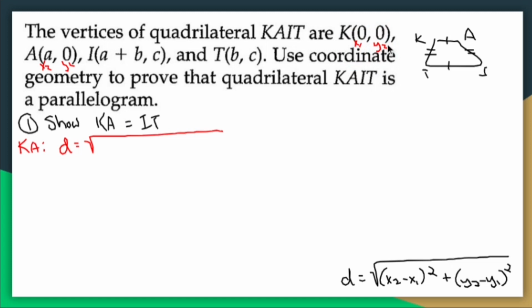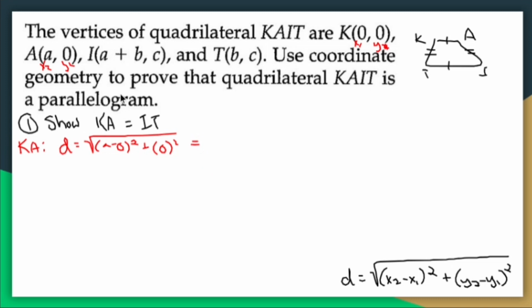All right, x sub 2 minus x sub 1 is going to be a minus 0. A minus 0 squared plus 0 minus 0, which is 0 squared. That gets me a minus 0 squared.